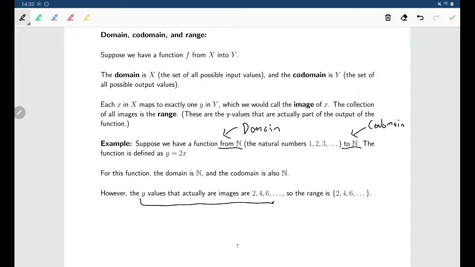Well, the images would be the even numbers, 2, 4, 6, 8, 10, and so on. So although I might specify in the beginning that we're taking natural numbers as our inputs and getting natural numbers as our output, in other words, natural numbers for the domain, natural numbers for the codomain, the values that we actually see for our output, the image values, the range, that set of the output values, is actually not the natural numbers itself. It's part of the natural numbers, 2, 4, 6, 8, and so on.